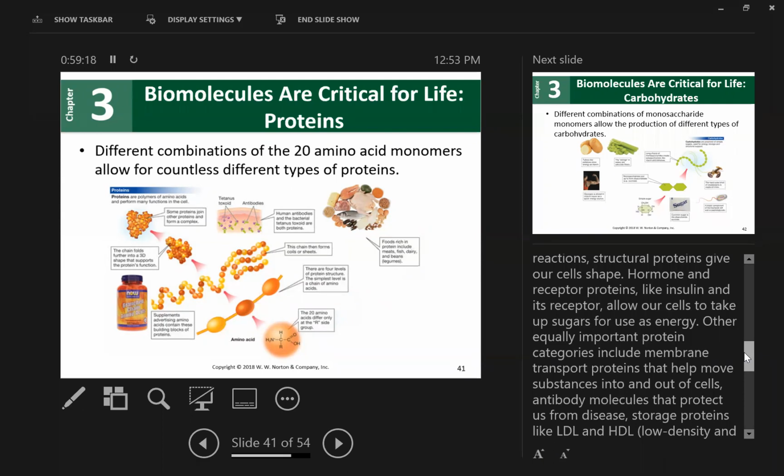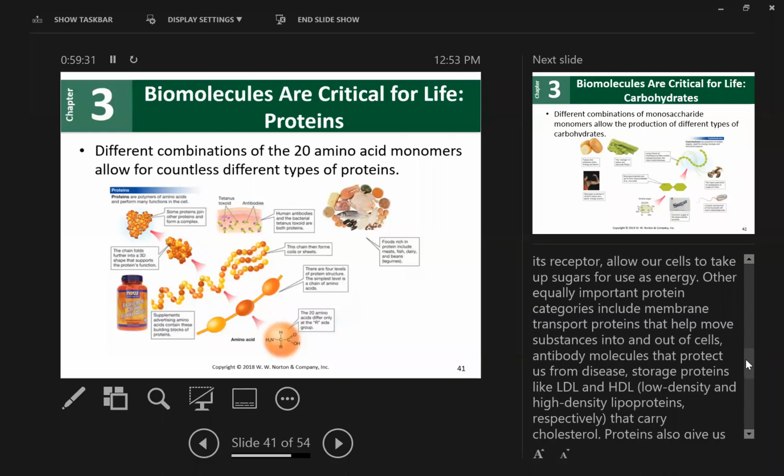Without those protein receptors, which is just like I was talking about with the virus, we couldn't do this. We can also use these molecules for storage.